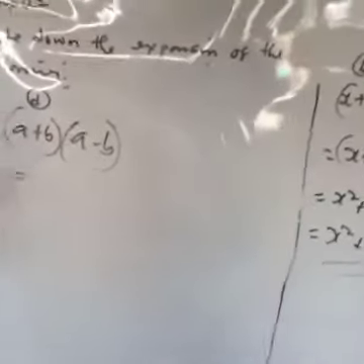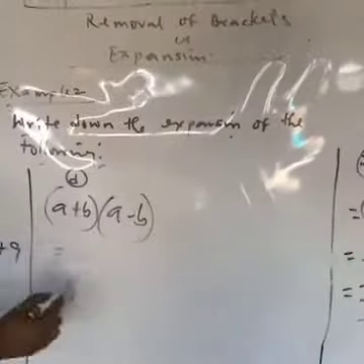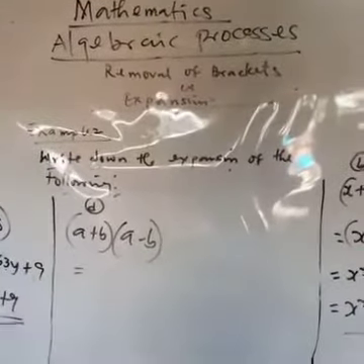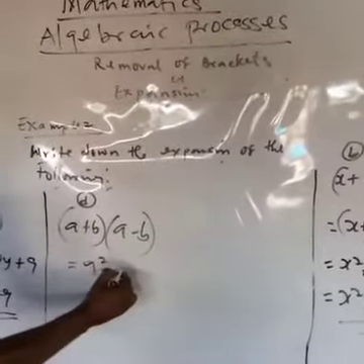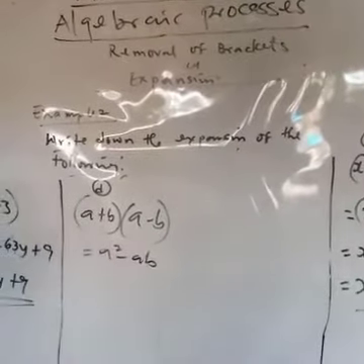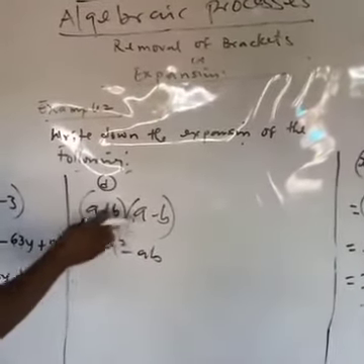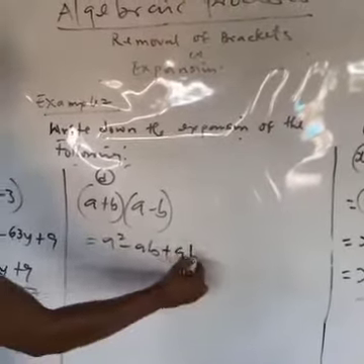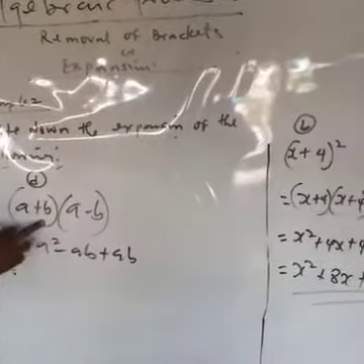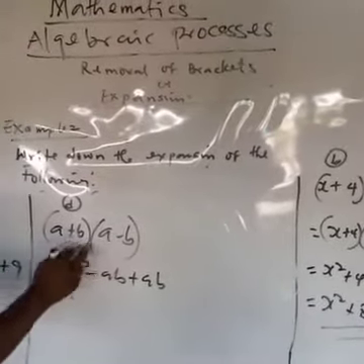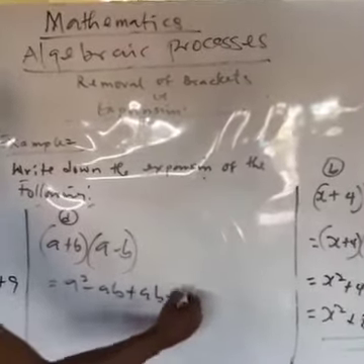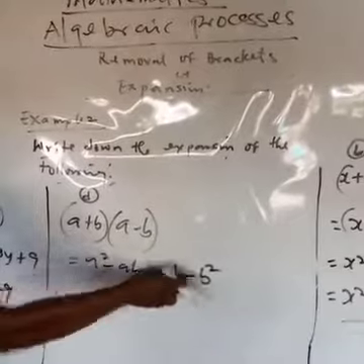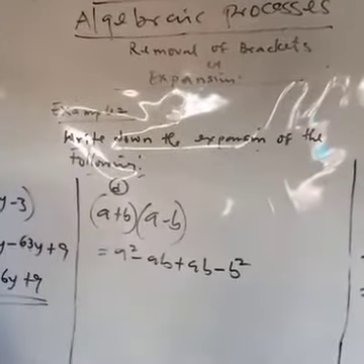So that will give us a times a, which is a squared. a times minus b is minus ab. b times a is ab. Plus b times minus b is minus b squared, since plus times minus is minus, and b times b is b squared.